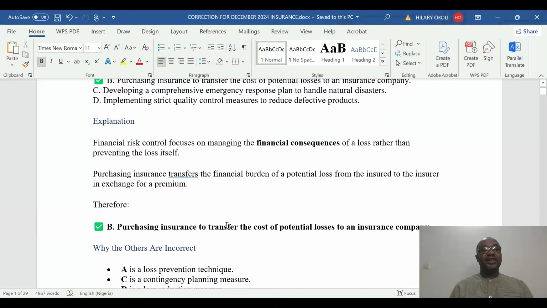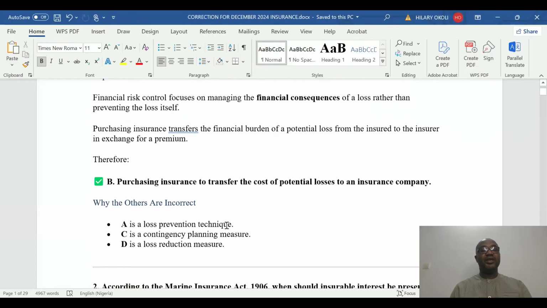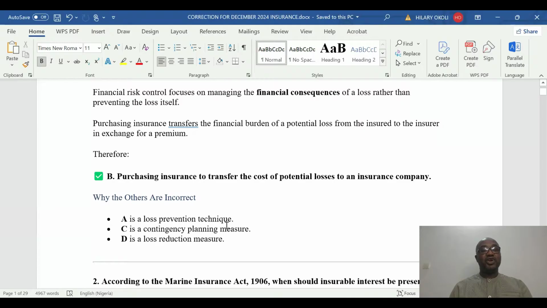So we are saying that B, purchasing insurance to transfer the cost of potential losses to an insurance company, is the best option, and that is correct. While the others are incorrect, A is a loss prevention technique, C is considered a contingency planning measure, and D rather is a loss reduction measure.